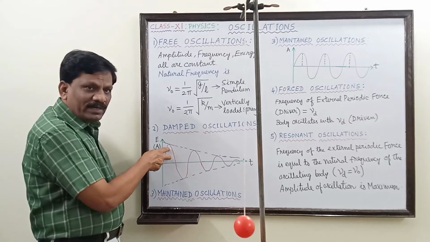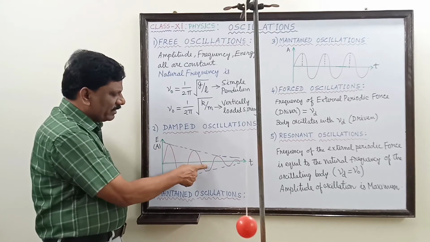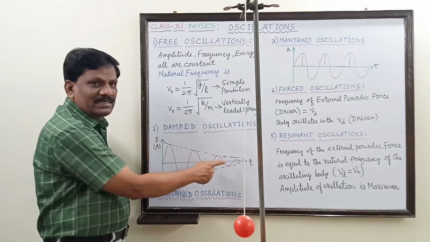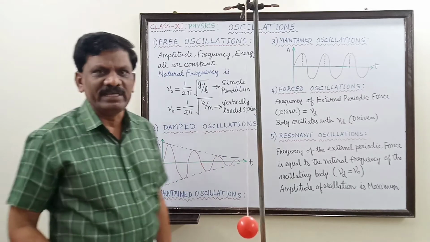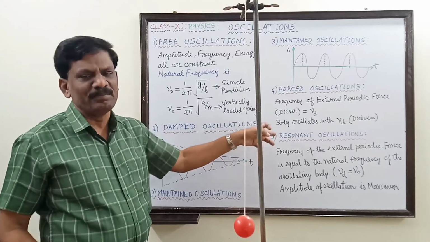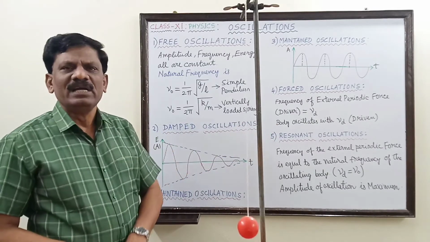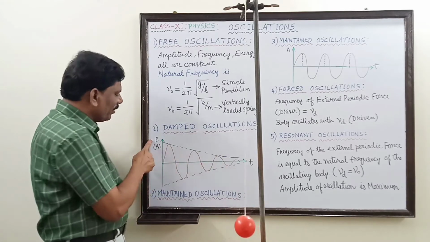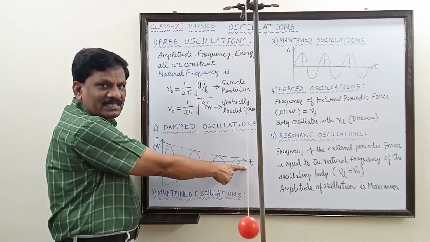The amplitude, or the height of the wave, continuously decreases. How? Exponentially. It is like the radioactive decay curve, is it not? So there is an exponential decrease in the amplitude. Also the energy decreases. So this is a graph drawn between amplitude and time, or energy versus time. Understand that?